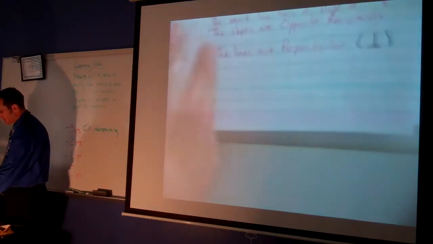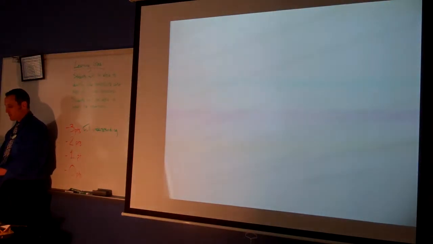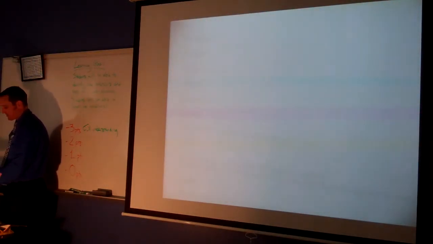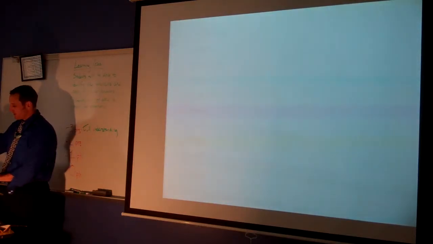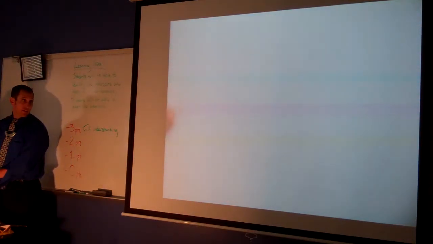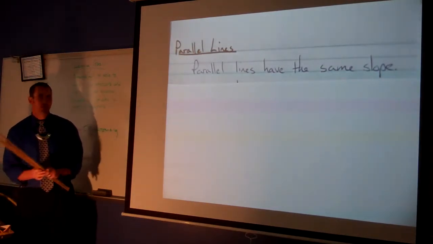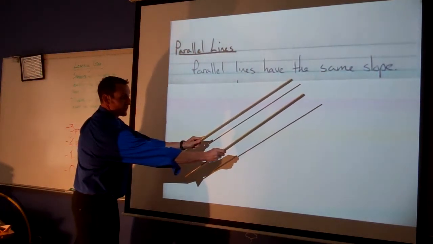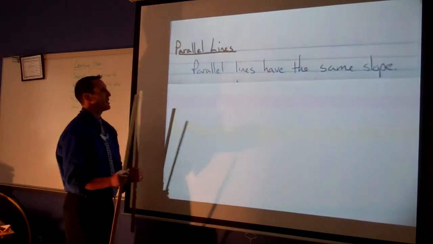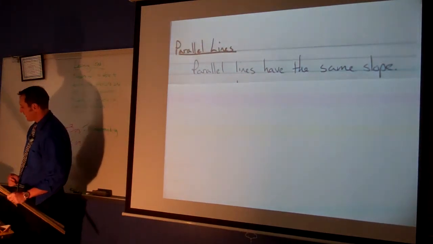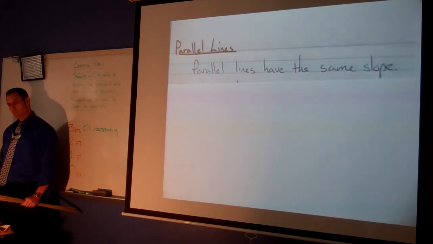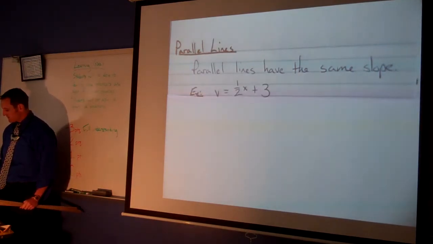Okay, so what are the actual notes for this section? We start with parallel lines. When we're dealing with parallel lines, again we're dealing with lines that never cross. Parallel lines are lines that have the same slope. That is a note.